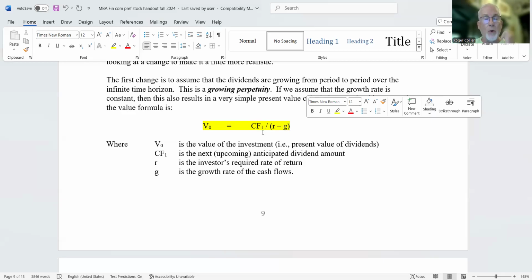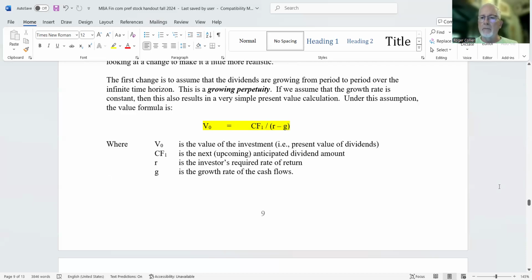That's important. In order for the calculus to work, we always have to use the upcoming dividend and not anything previous, only the upcoming one. Okay? And we divide that by R, the required rate of return, minus G, the growth rate.